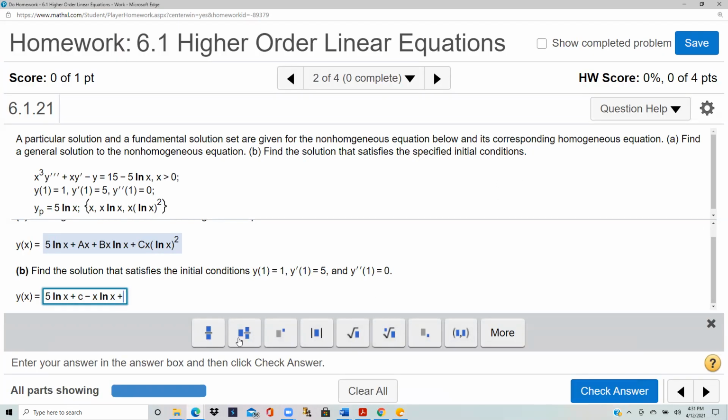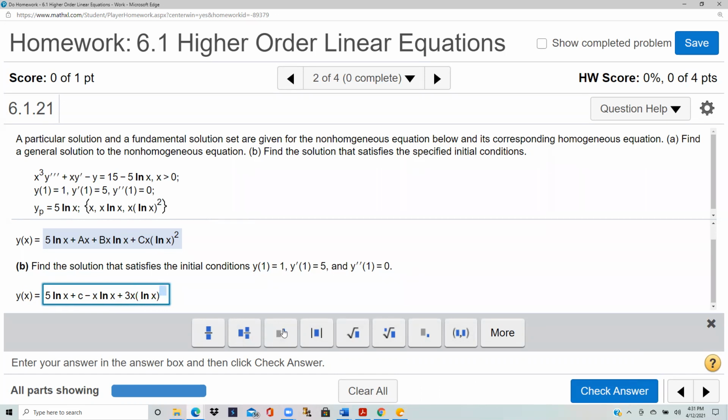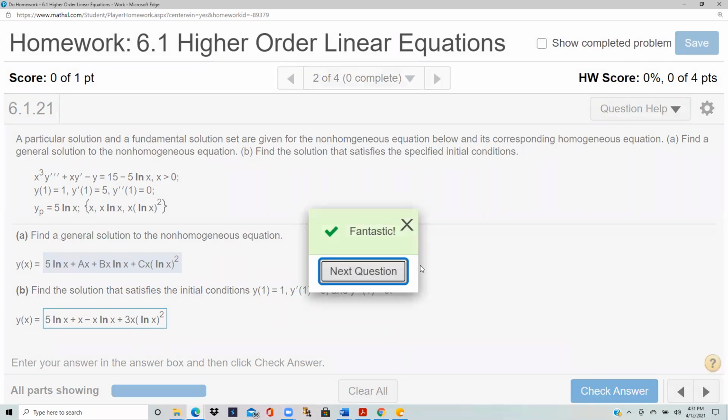So plus 3x ln x whole squared. 5 ln x, not plus c, but plus x. Okay.